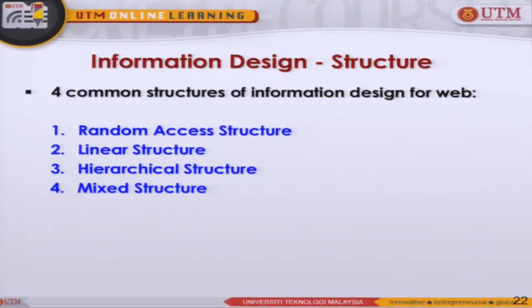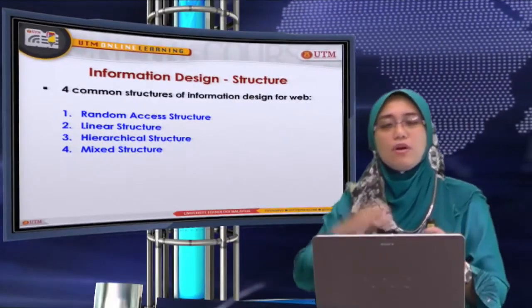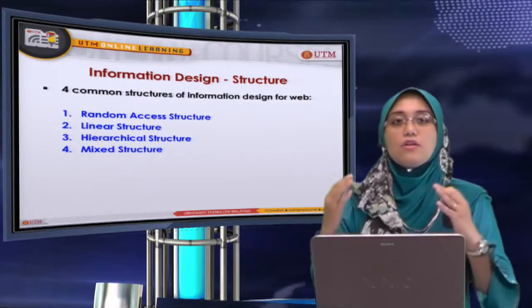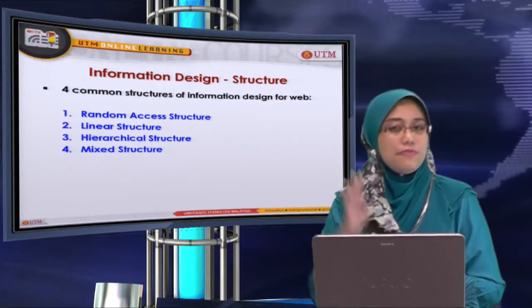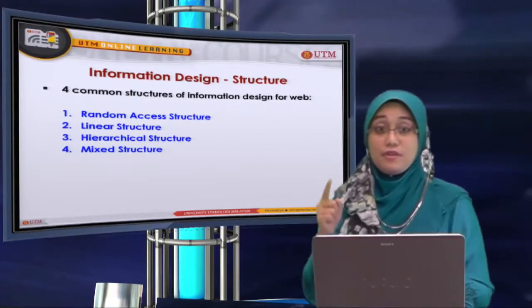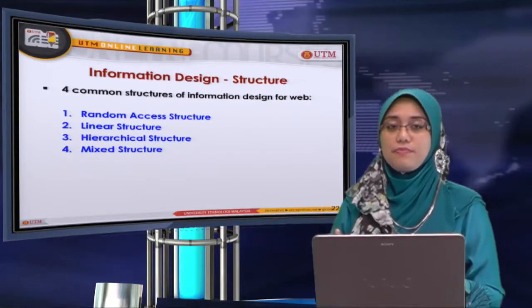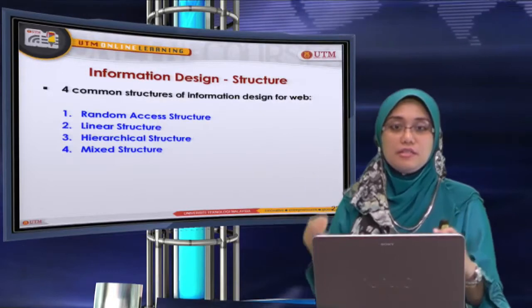To fulfill the purpose you have just outlined before, your message must be organized in some way. Organization can come in many flavors. Here are four sample common structures of information design for the web. First, random structure. Second, linear structure. Third, hierarchical structure.